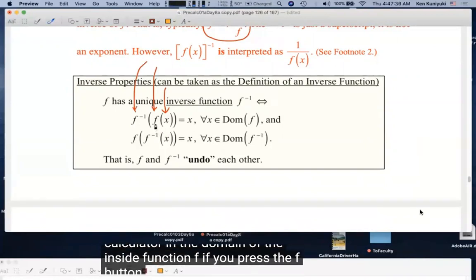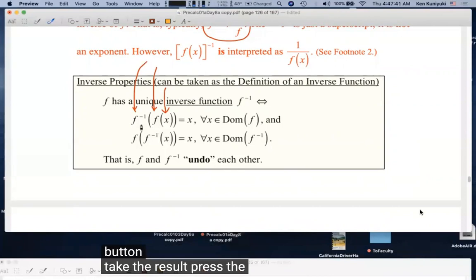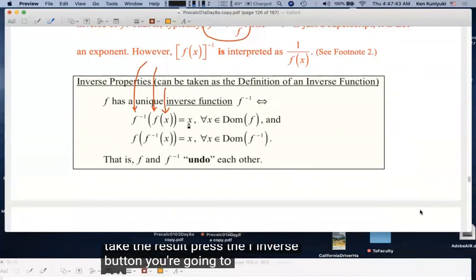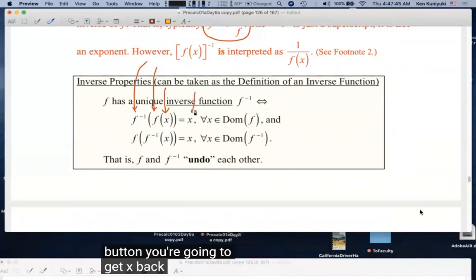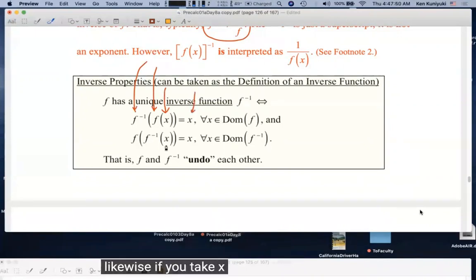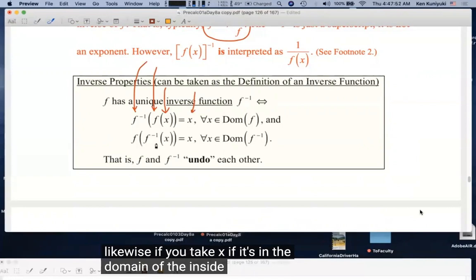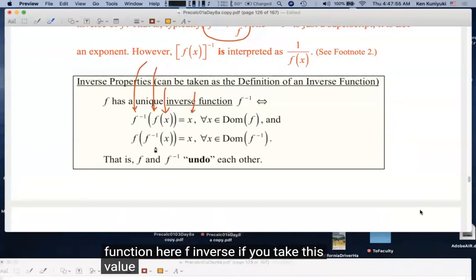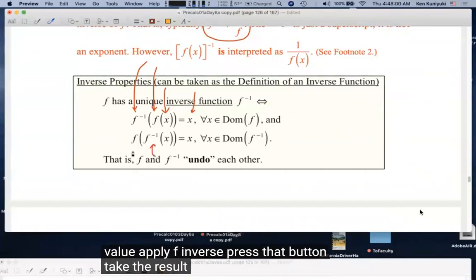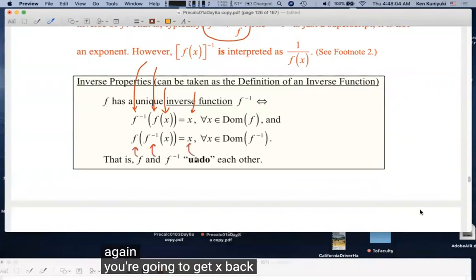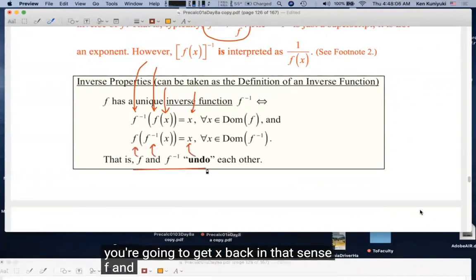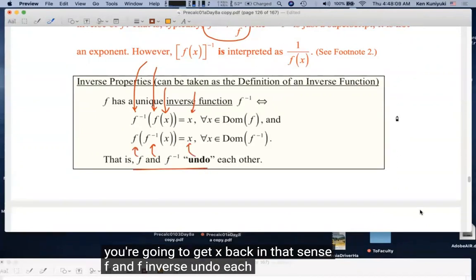If you press the f button, take the result, press the f inverse button, you're going to get x back. Likewise, if you take x in the domain of the inside function f inverse, apply f inverse, take the result, press the f button, then again, you're going to get x back. In that sense, f and f inverse undo each other.